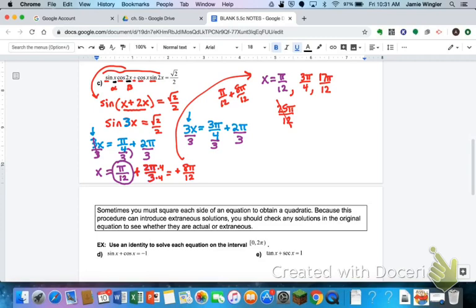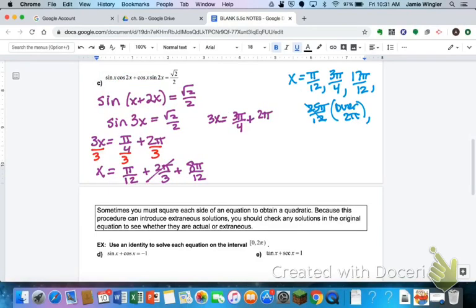So now I have to go to the next part. When I divide by 3, so now when we divide this equation by 3, that leaves us with x equals 3 pi over 12, because the numerator stays, you multiply those two denominators.